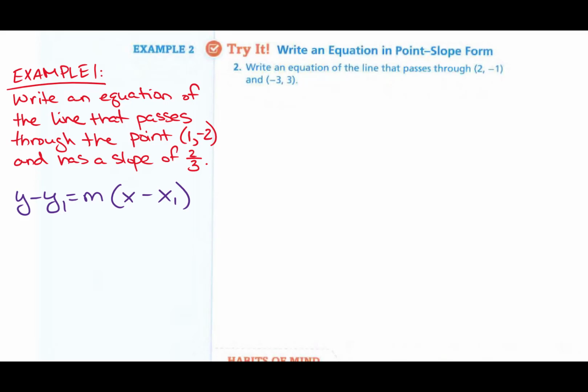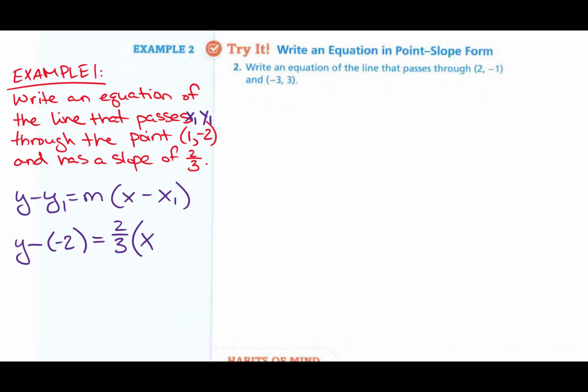And so the y will just remain a y minus, well, now we need to find what was the y1 of our point. Up here we have an x1 and a y1. So we have y minus negative 2. My y1 was negative 2. Is equal to the slope. We just plug this in, 2/3. And then the x remains an x.